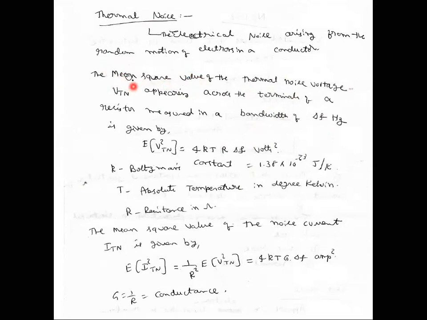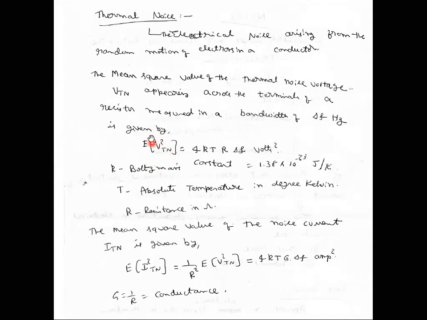That means the average. So the mean square value of the thermal noise voltage VTN appearing across the terminals of a resistor measured in a bandwidth of delta F hertz is given by, you are already aware of this parameter E, expectation. It is expectation of VTN square. What is VTN square?